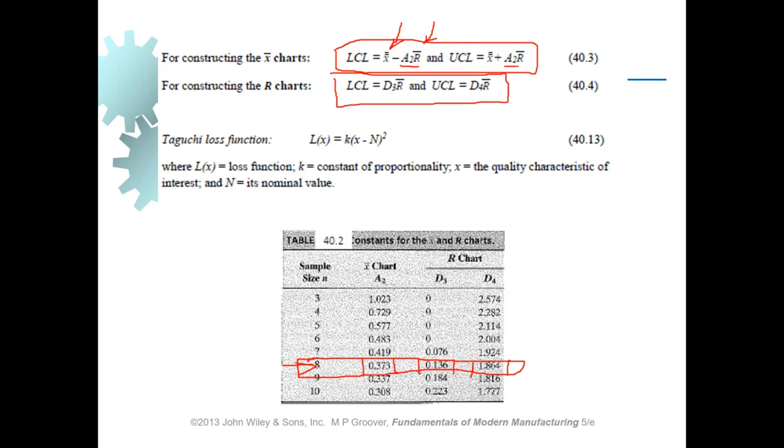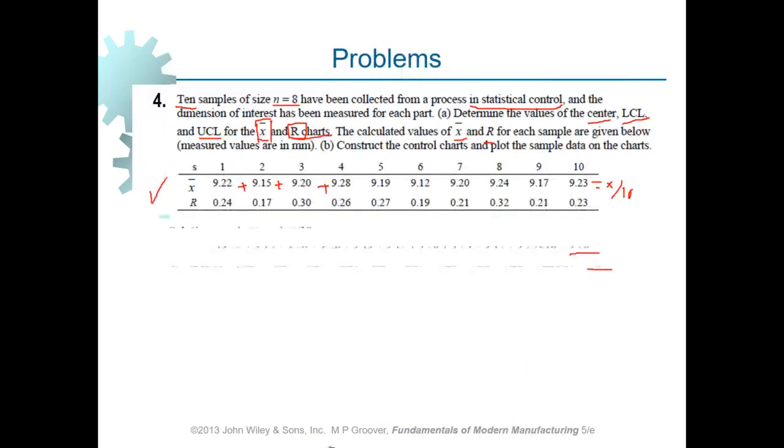For computation of UCL, we again need A2. For computation of LCL of the R chart, we need D3. For computation of the UCL of the R chart, we need D4. All these three parameters can be taken from this table down here. Okay, so we take these values and do the computation of what is needed.